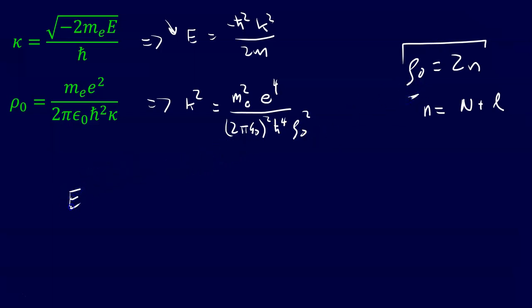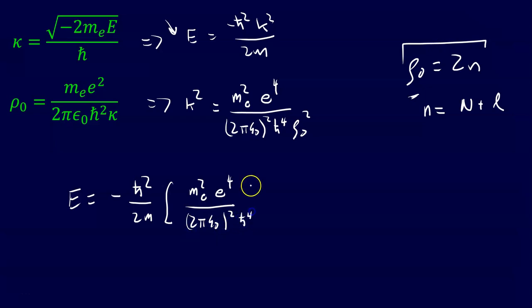So if I go through and plug all of this in, we get the famous energy levels of hydrogen. Let me rearrange this a little bit. I get 1 over this rho naught squared.